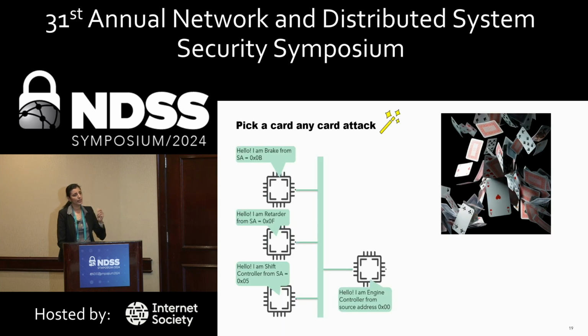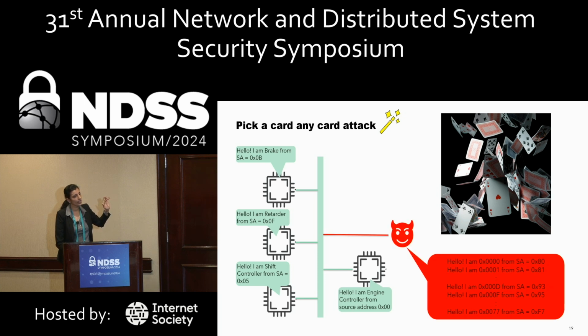So this is a pick-a-card, any-card attack. Any arbitrary address capable device has the ability to choose a source address from 128 to 247. In this attack, as an adversary, we went in and claimed all source addresses in the range between 128 and 247, and we omitted one particular source address, forcing the legit controller application to take that source address.